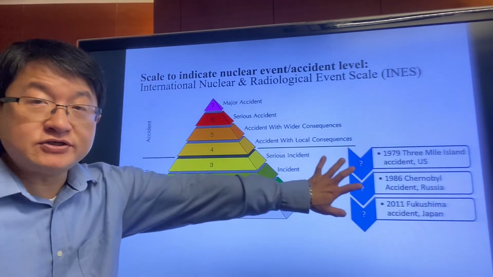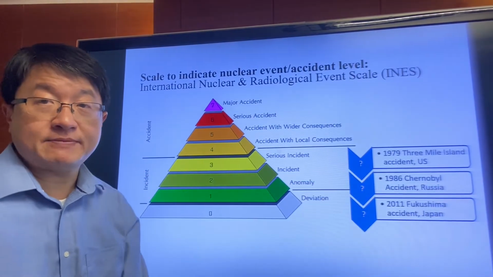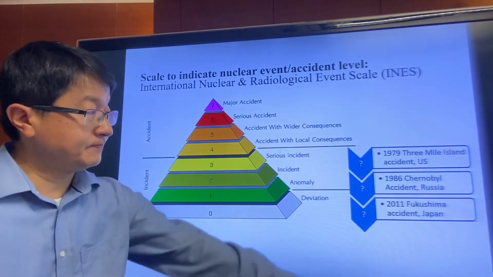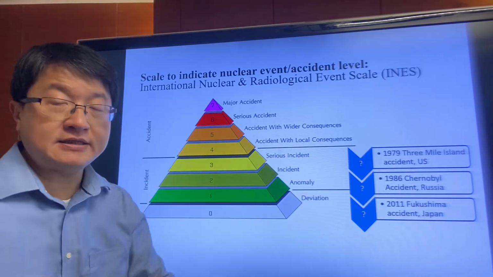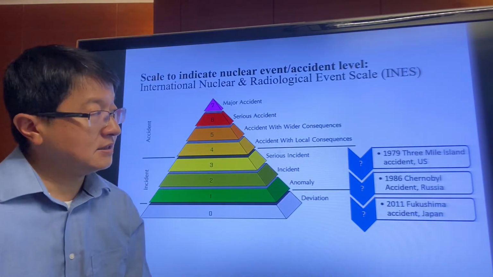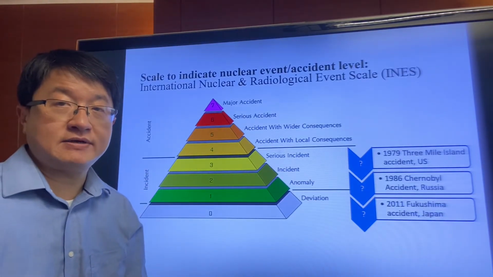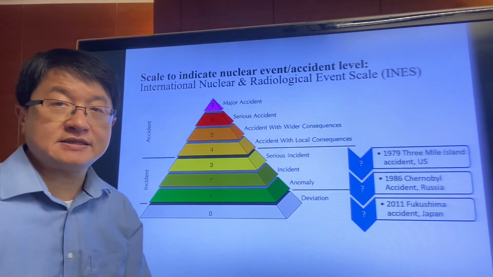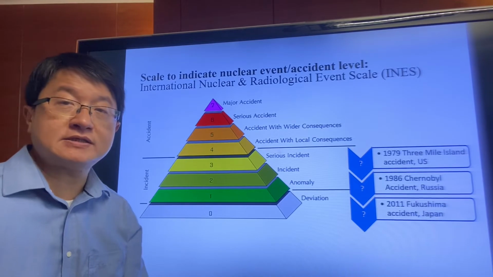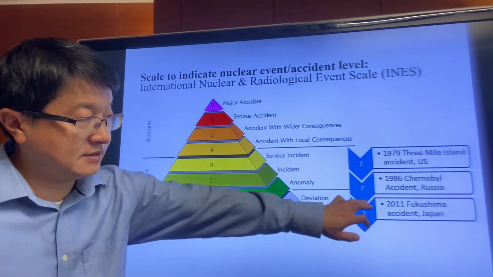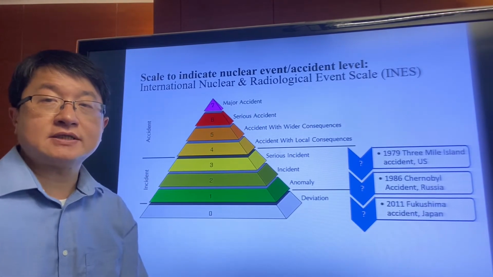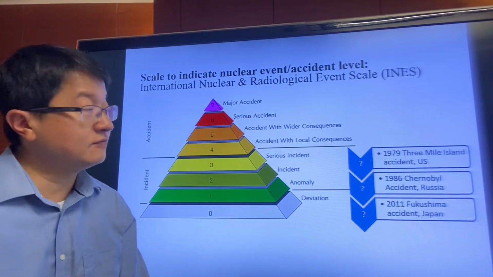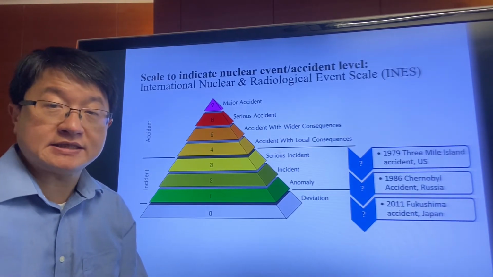So there are 3 major nuclear plant accidents in human history. In 1979 is the Three Mile Island nuclear reactor accident. 1986 is the Chernobyl accident in Russia, and then in 2011 is the Japan Fukushima nuclear reactor accident.